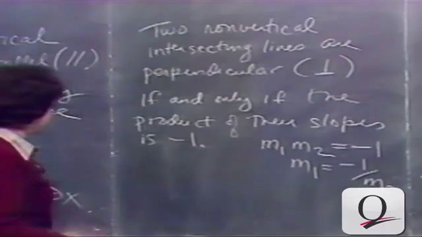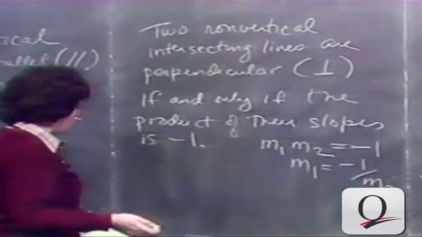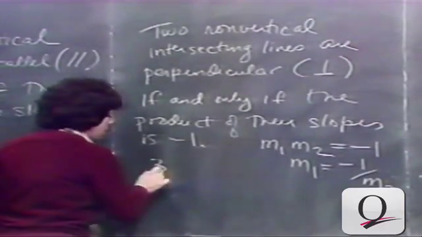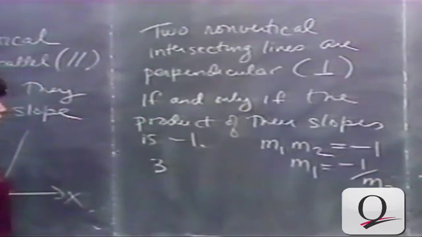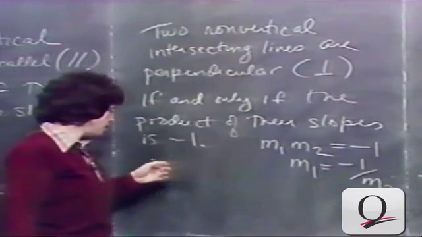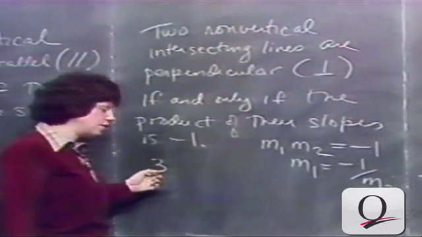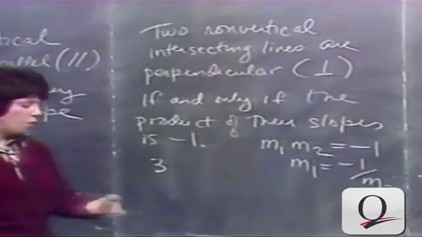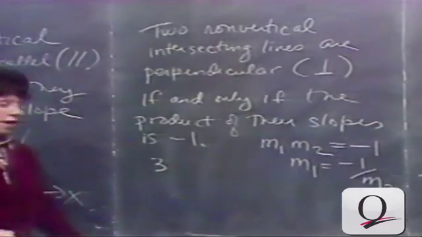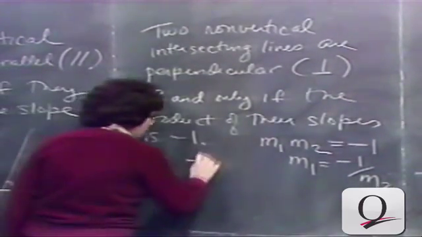For example, if the slope of a line is 3, what would be the slope of a line perpendicular to this line? Its slope would be the negative reciprocal of 3. By that I mean -1/3.